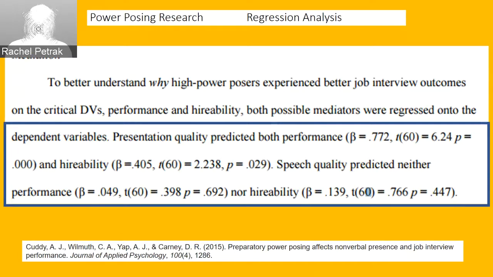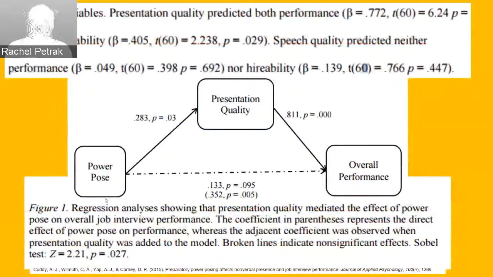It was really down to the presentation quality, and that's what they're seeing, suggesting that power posing is going to have a good effect on it. And you can see this here. Here is the model. So we see presentation quality predicted performance. This B is a beta, it's the regression coefficient, aka the regression coefficient identified in our treatment of regression.